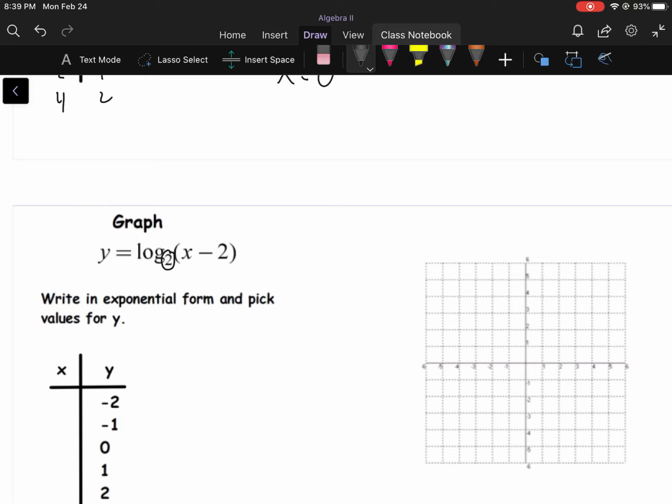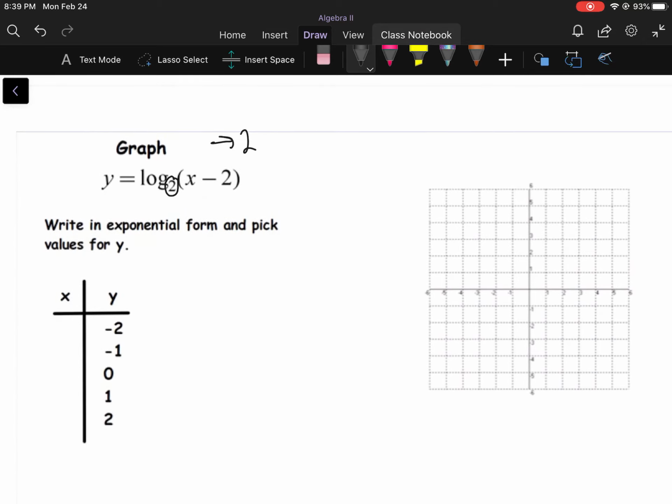Whatever is in parentheses, x minus h, is going to move over 2. Okay, so then that's going to be the same exact looking graph, except now I'm going to move it over to 2. So my asymptote's right there. And I've got something like this.